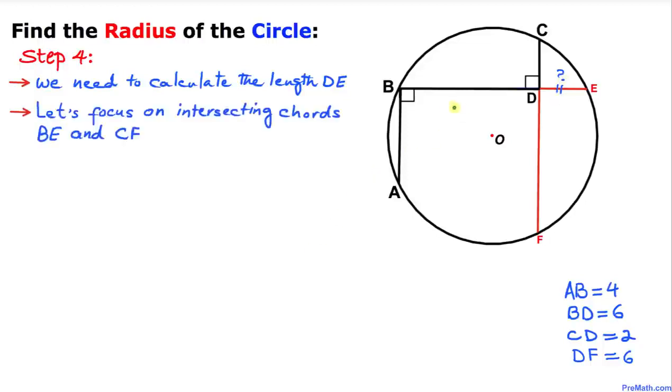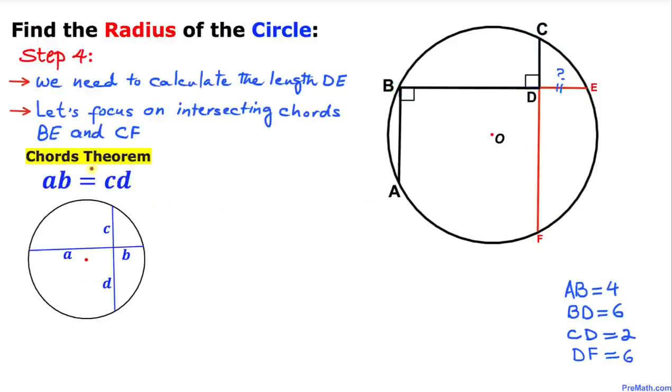Now let's focus on these two intersecting chords. One of them is BE and the other one is CF. Now let's recall the intersecting chords theorem. A times B equals C times D, where A and B are the segments of one chord and C and D are for the other chord.